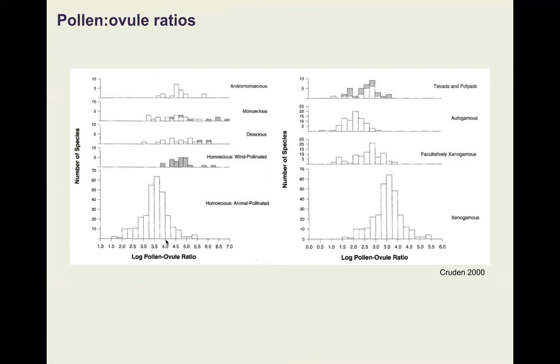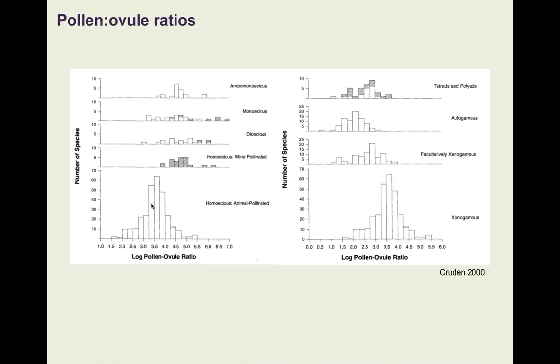So in a lot of cases, these examples, there are about 1,000 to 10,000 times more pollen grains than there are ovules to be fertilized. So the numbers on the left-hand side here, the lower numbers, it's actually the difference between 1,000 to 1 or 10,000 to 1, but still a substantial difference.